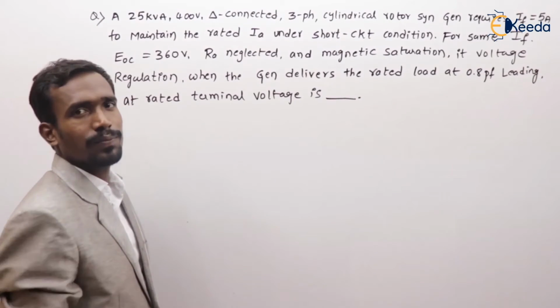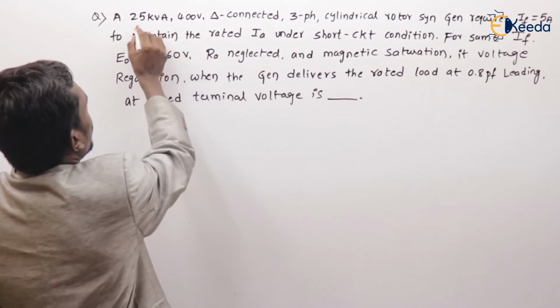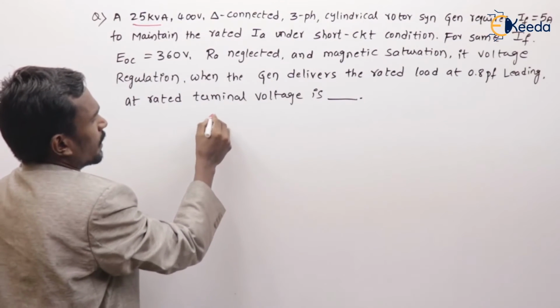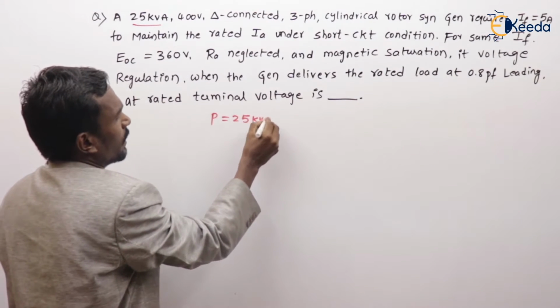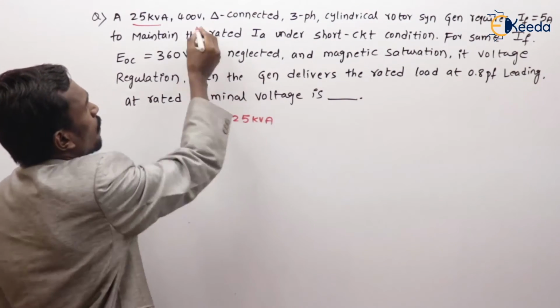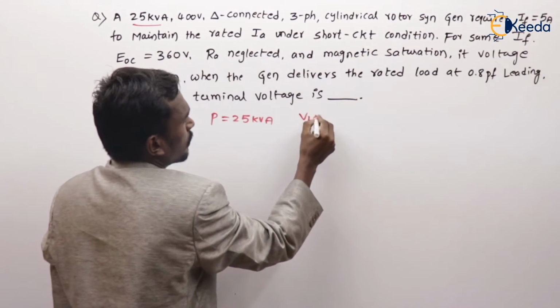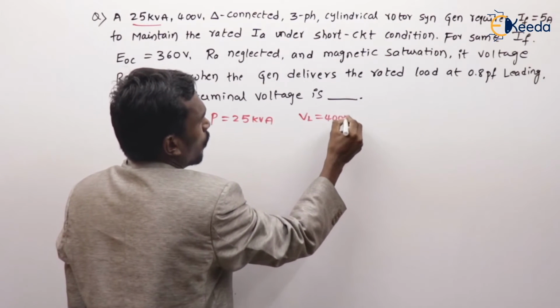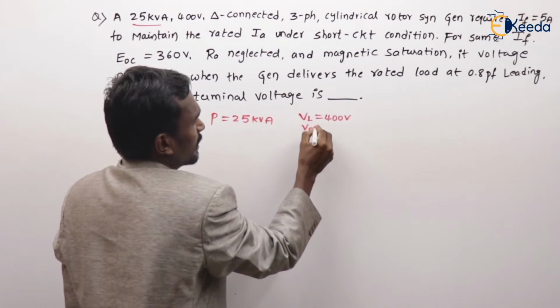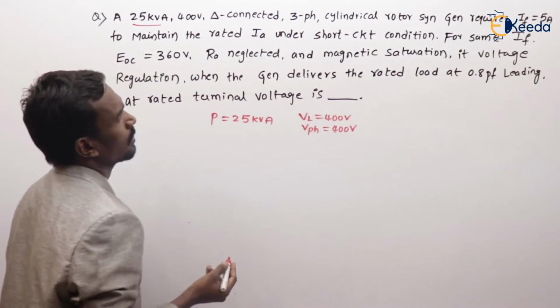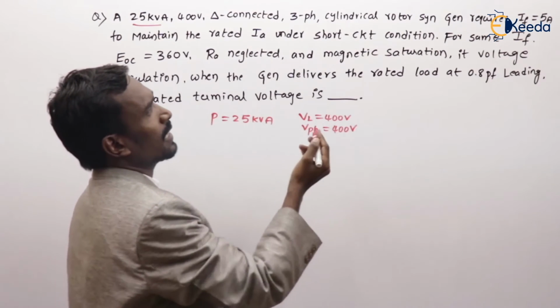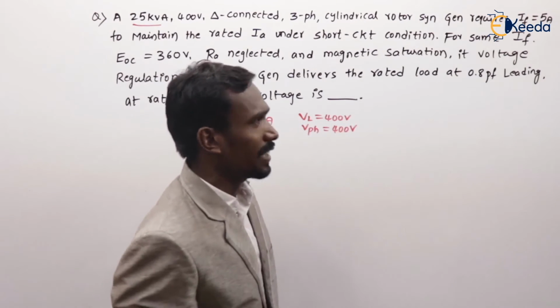Next question. See here. A 25 kVA, 400 volts, delta connected, so the phase voltage is also 400 volts, 3-phase cylindrical rotor synchronous generator.